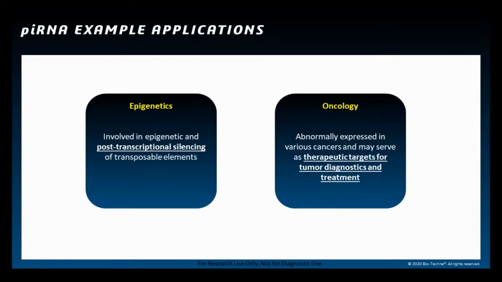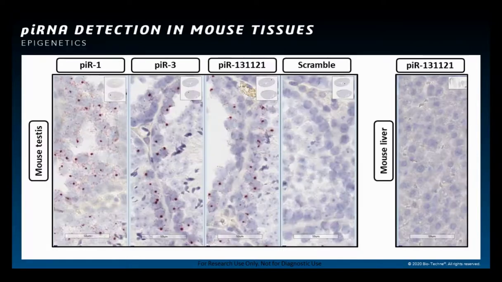In terms of epigenetics, piRNAs and their associated effector Piwi proteins are called the guardians of the germline, as they maintain genome integrity and fertility, primarily by preventing DNA elements from moving through different genomic regions. In terms of oncology, a number of piRNAs and their associated proteins have also been shown to be abnormally expressed in numerous cancer types. However, their function and mechanism is still largely unknown.